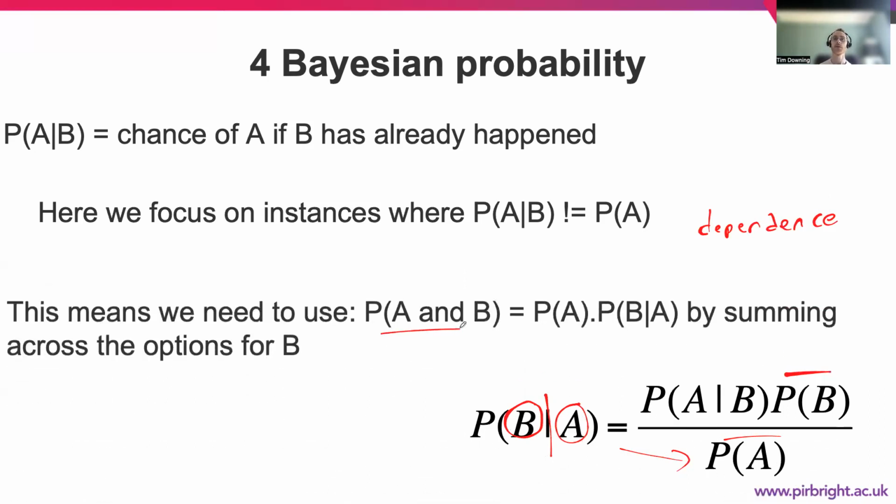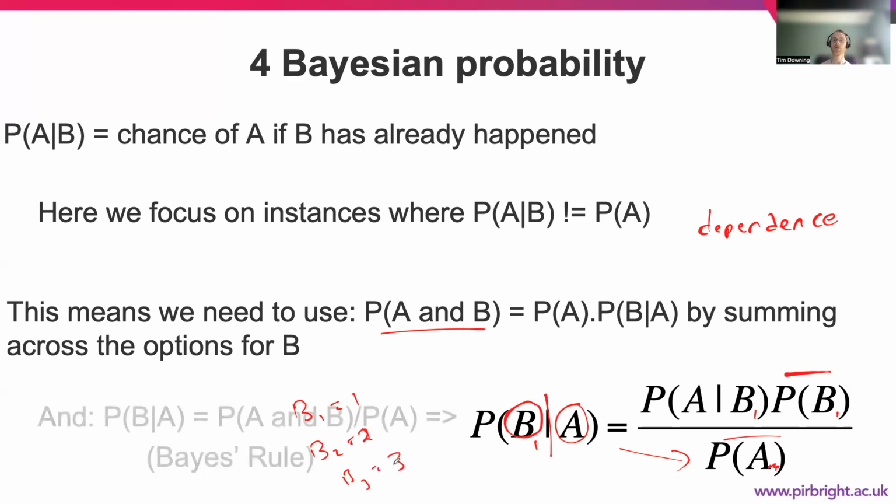So we're thinking about this outcome, that the probability of A and B together is the probability of A times the probability of B given A. What we can do there is sum across the options for B. So this might represent one option, B1, one particular option, say a roll of a dice, so that's rolling a one. And we might have another one, B2, where we're rolling a 2 on a dice, and B3 might be, for example, rolling a 3.